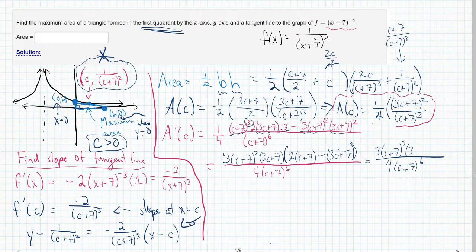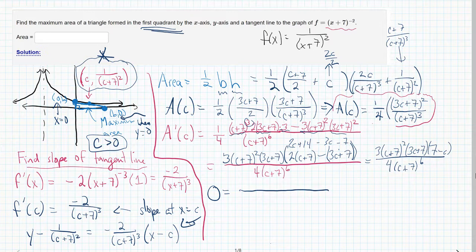We have a (3c plus 7), and then this becomes, notice it's 2c plus 14 minus 3c minus 7. So that looks like we're going to have a minus c and a positive 7, so it'll go 7 minus c sitting right there. Okay, so simplifying this on down, and remember, we're going to set this thing equal to 0. That is the main goal of this, and we're going to find other critical points too, but some of them won't be as important.